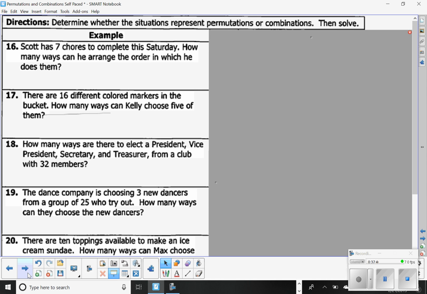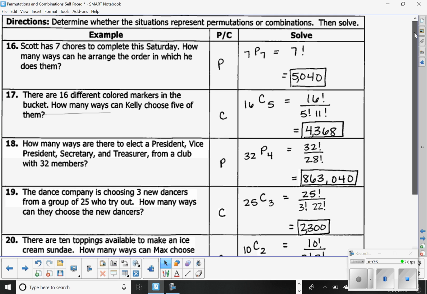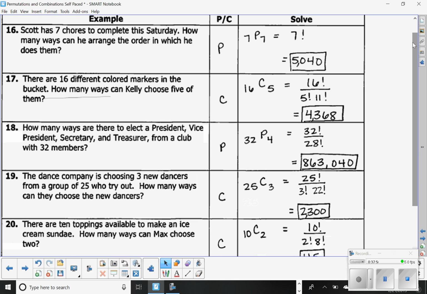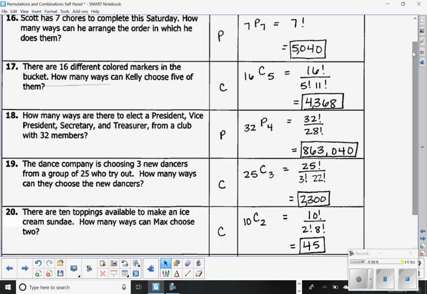Woohoo! You've got to determine if it represents permutation or combination and then solve. Without further ado, because we've already explained this in the other one, here are 16 through 20. We'll get to 21 through 25 in just a minute.